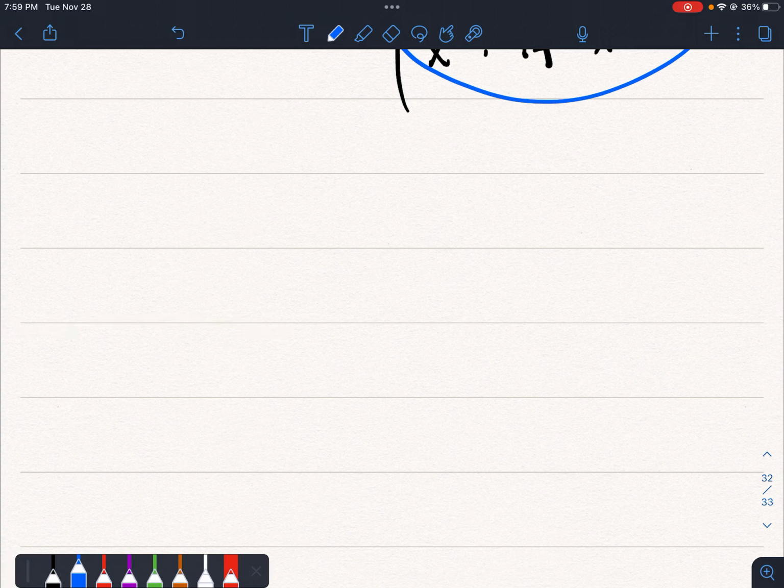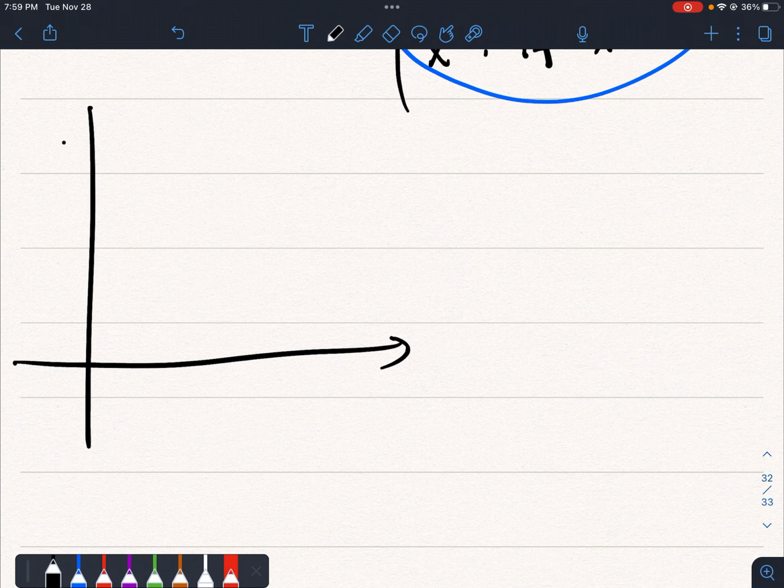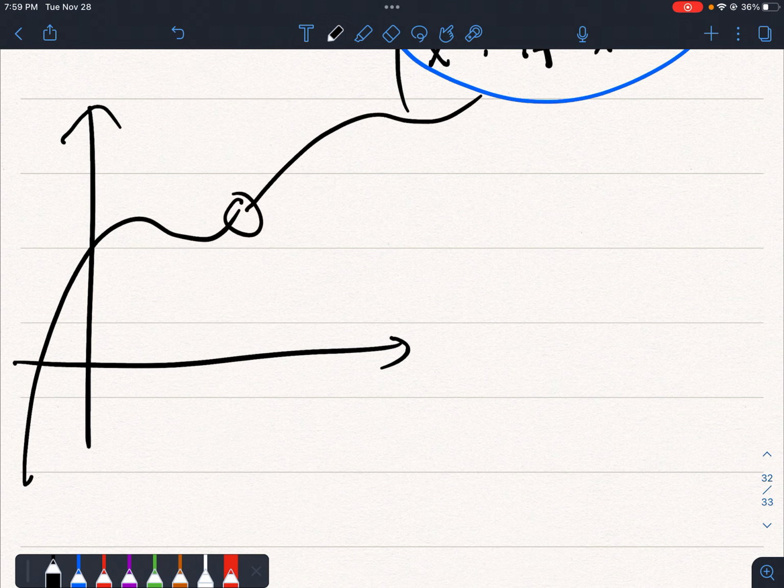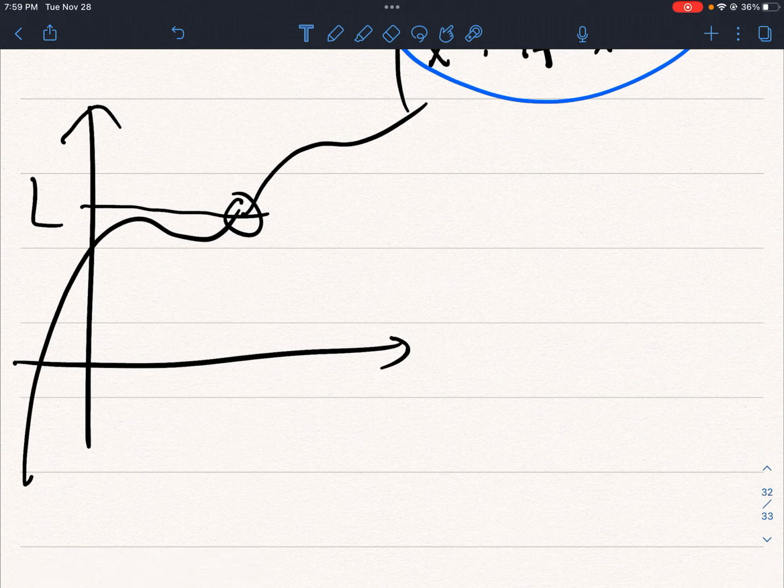So in general, what it means for a function to have a limit at a point is, at this point we don't care about its value at all, but we want both sides to approach this same value. Let's call this value L, because L is used to mean the limit.